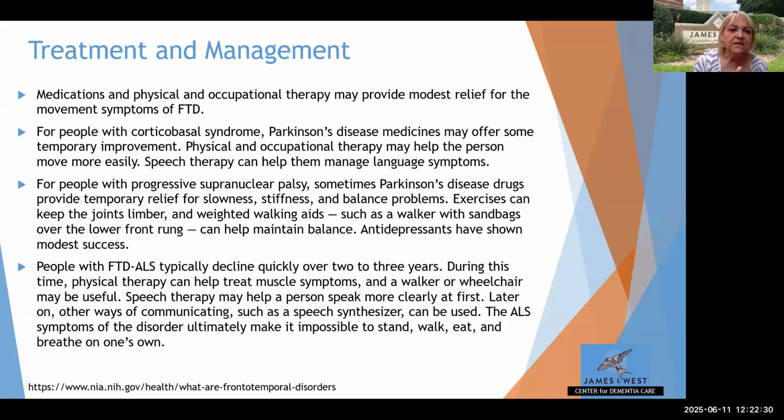Now, some people, especially those that have FTD-ALS, can decline rather quickly. It can be 2 to 3 years because of the ALS aspect of it. Physical therapy can really help a lot with those muscle symptoms. Everybody who has dementia at some point is going to end up on that walker or in the wheelchair, just as the disease is progressing and the brain is damaged.